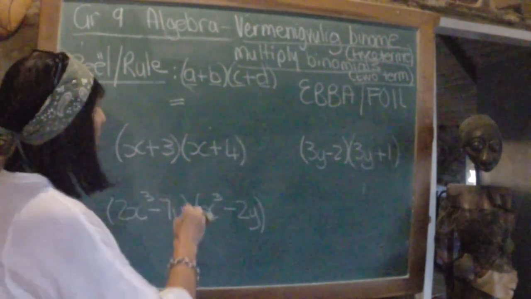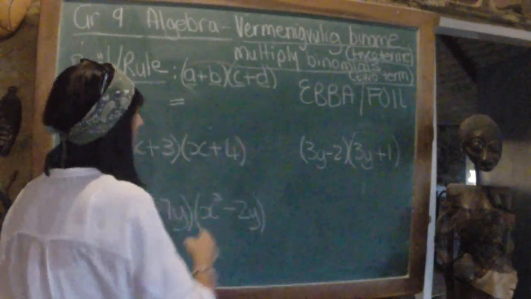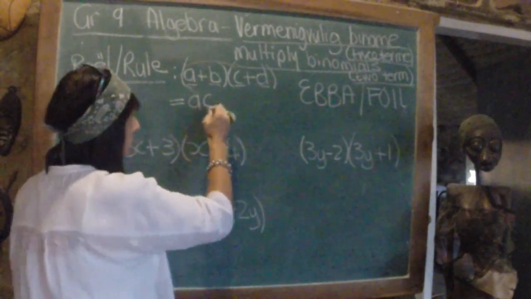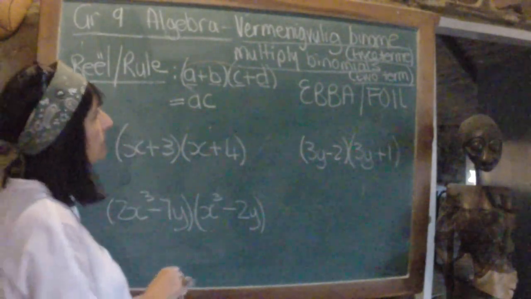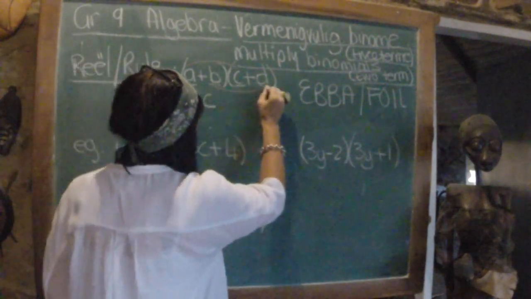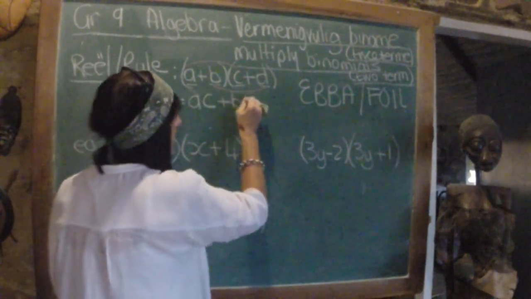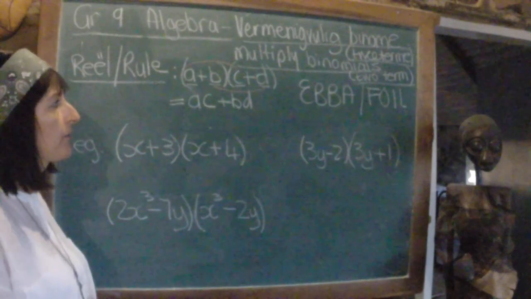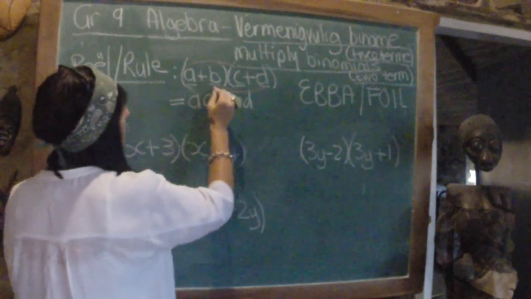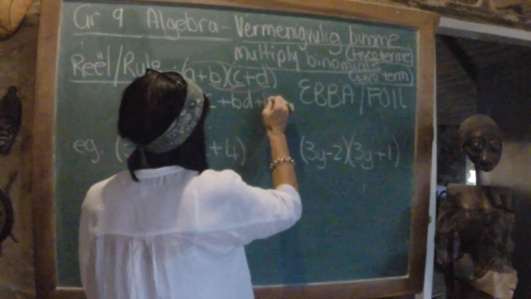If we take the FOIL method, let's do the first, dis die eerstes in Afrikaans. A times C gives me AC. Then we've got the outer. The outer is that one plus BD, die buitenstes. Then we've got the inner, die binnestes, plus BC.